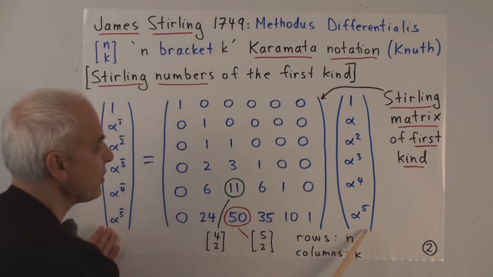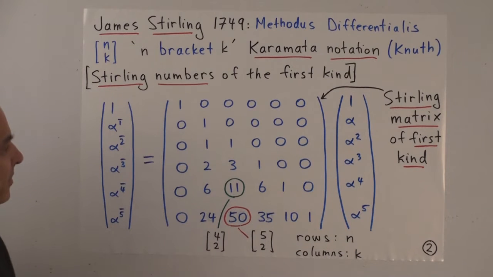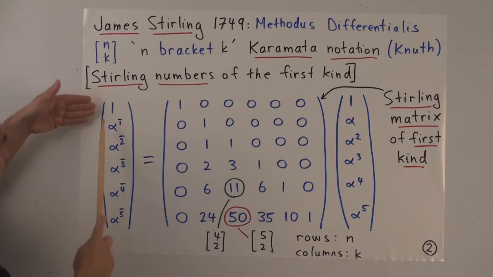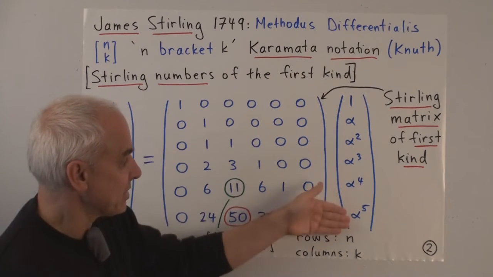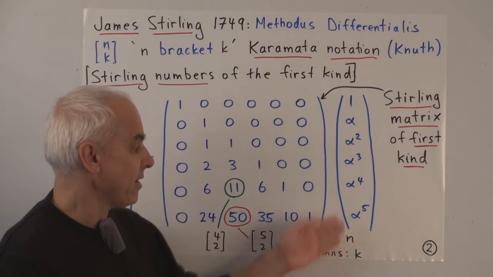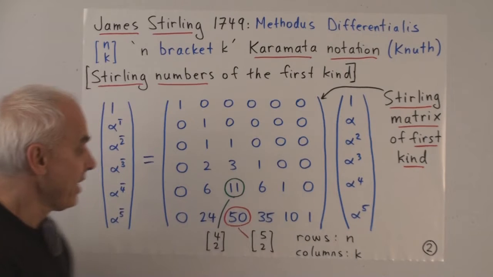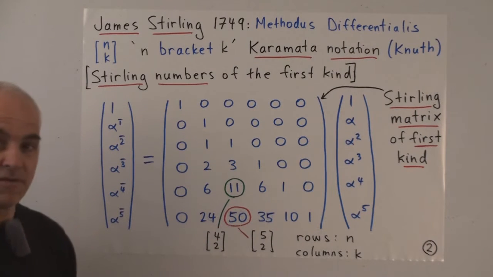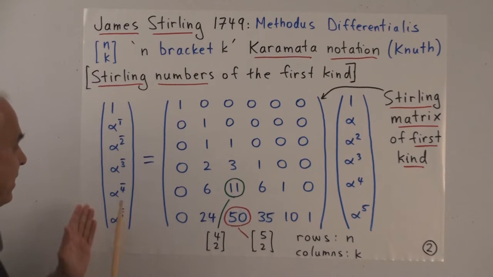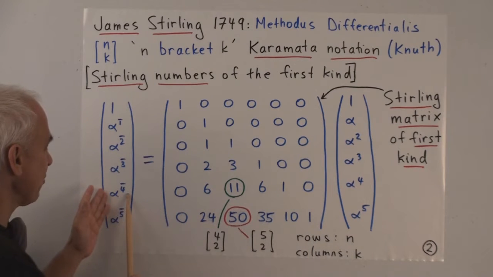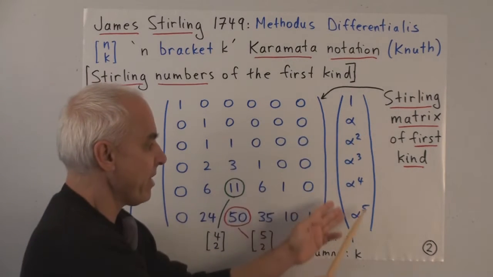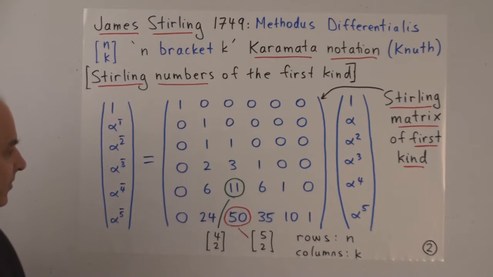So to rewrite what we did on the previous board, what we really have going here is a change of basis. So we have one basis consisting of the rising powers and another basis consisting of the ordinary powers, say in this case up to degree 5. And we have a way of representing each rising basis as a linear combination of the standard basis.